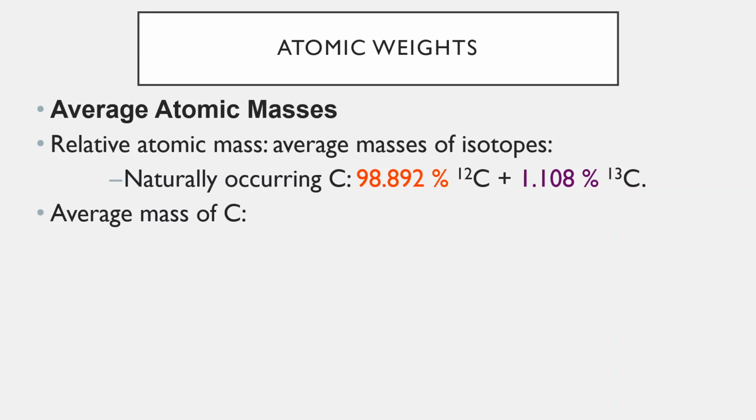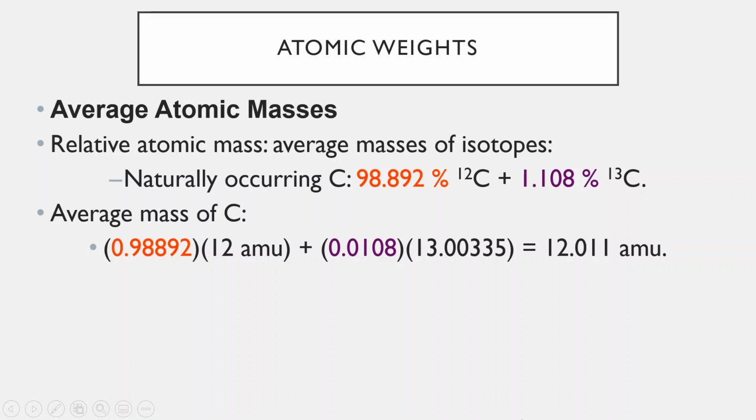So the average mass of carbon would be a function of those abundances and the masses of each of those isotopes. So taking that into consideration, we would take that percentage, 0.98892, multiply it by the mass of the atom, which in this case is 12 AMU, from the 6 protons and 6 neutrons that carbon-12 has, plus we're going to multiply the percentage of the carbon-13, 0.0108, times the mass of carbon-13, which would be 13.00335.